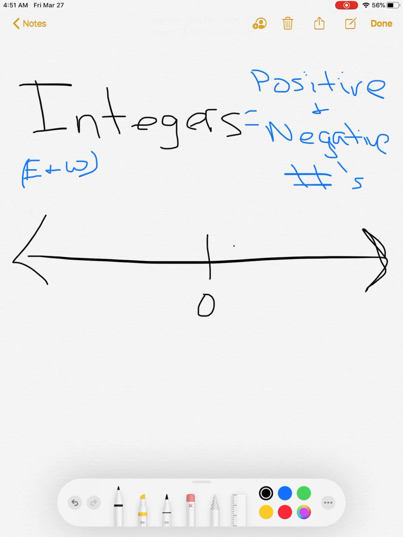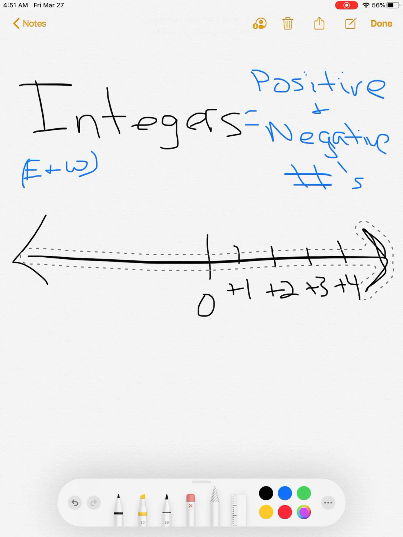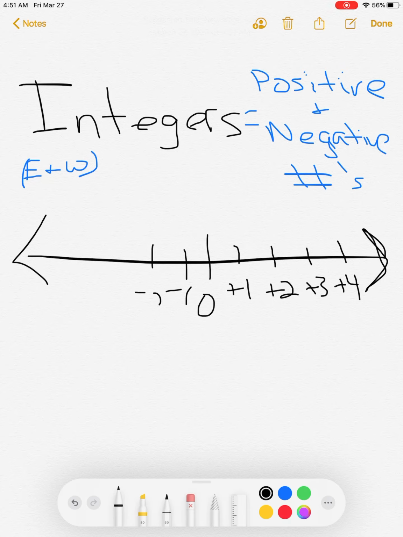Now, let's begin to plot our numbers, all right? Since positive numbers go on the right side, this becomes a positive 1, positive 2, positive 3, positive 4, and if I could fit, I would fit a positive 5. And we know negative numbers, they are plotted on the left. So this would be a negative 1, negative 2, negative 3, negative 4, negative 5, okay?